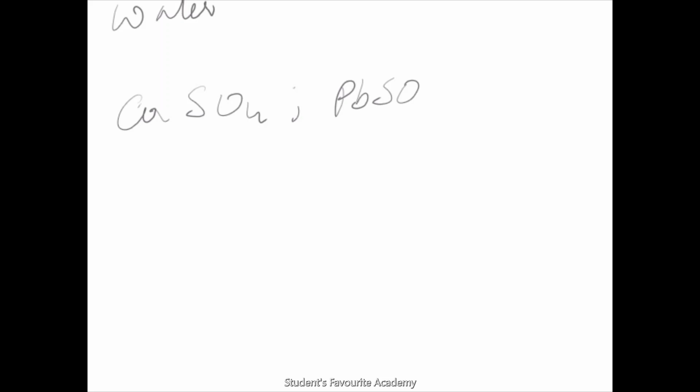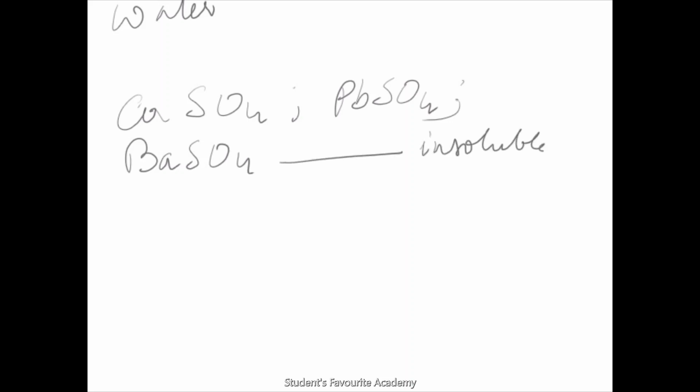All sulfates, that is sodium sulfate, magnesium sulfate, then say ammonium sulfate, all are soluble except calcium sulfate, that is CaSO4, lead sulfate, that is PbSO4, and barium sulfate, that is BaSO4. These three are insoluble.